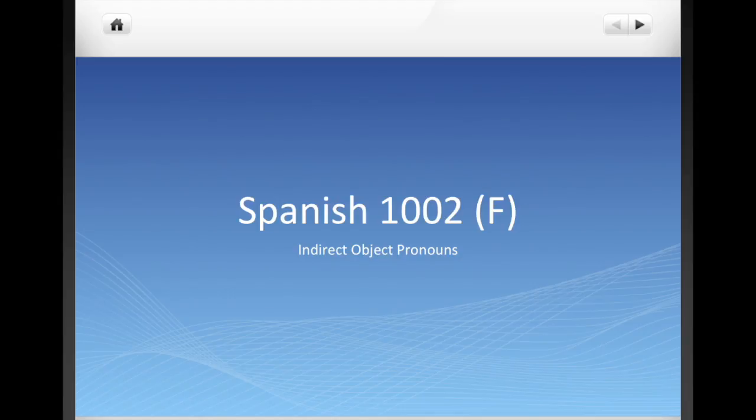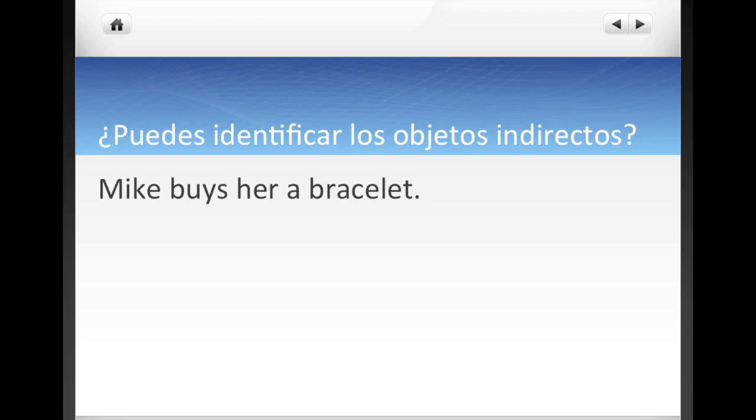Okay, indirect object pronouns. See if you can identify the indirect object pronoun in this sentence. Mike buys her a bracelet. What does Mike buy? A bracelet. That's going to be my direct object.